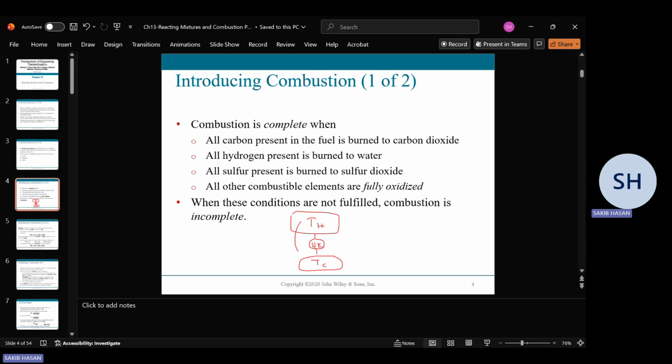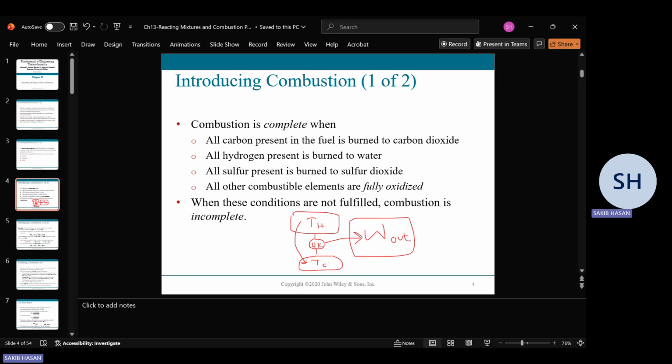As heat is being transferred across these two thermodynamic reservoirs, you get a work output. Now, this work is extremely important for us because this is the work that you're getting in, let's say, your combustion engines in your car or your turbines in your power plants. So this work output essentially runs the world if you think about it.